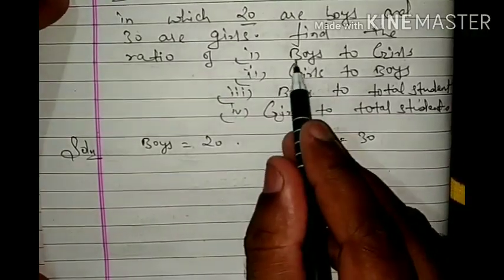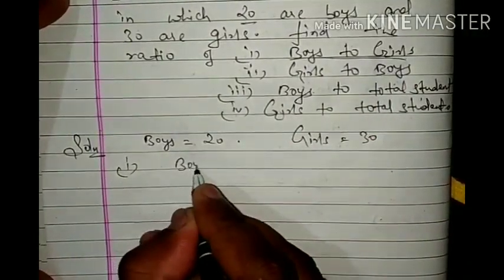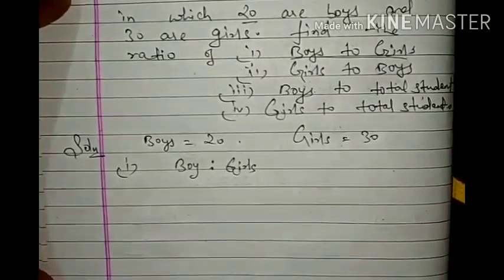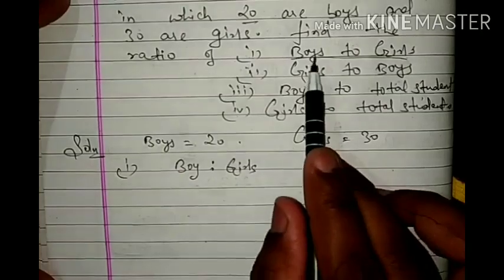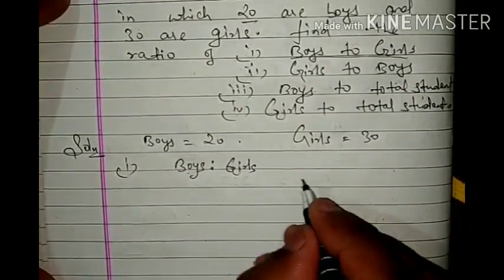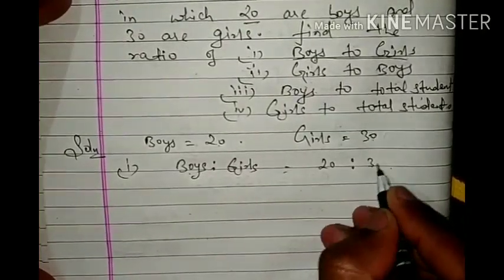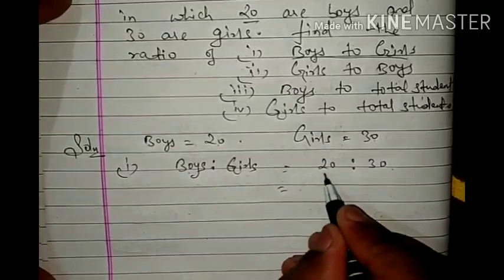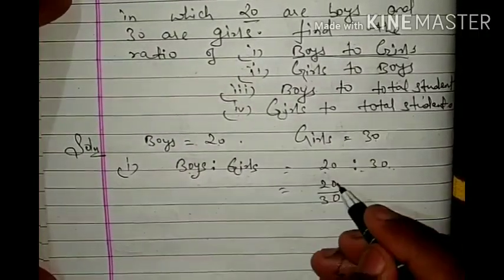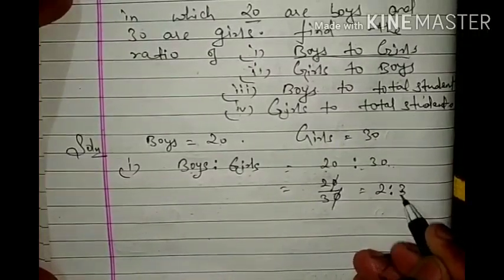In the first question we had to find the ratio of boys to girls. Since boys comes first, we write boys ratio girls. The number of boys is 20 and the number of girls is 30. We can solve it to the simplest form. 20 ratio 30 can be written as 20 by 30. 0 will cancel 0. What is our ratio? 2 ratio 3.